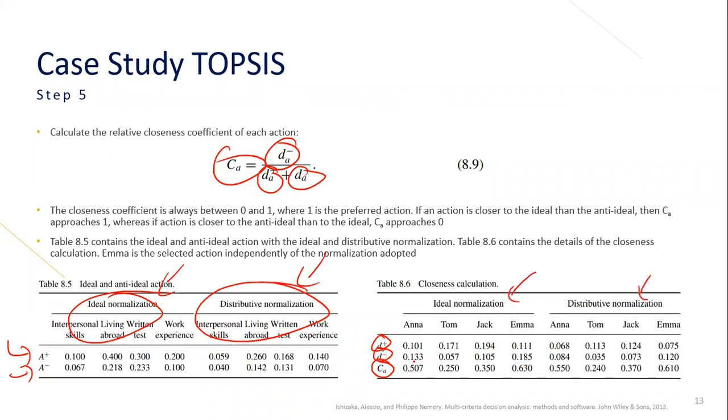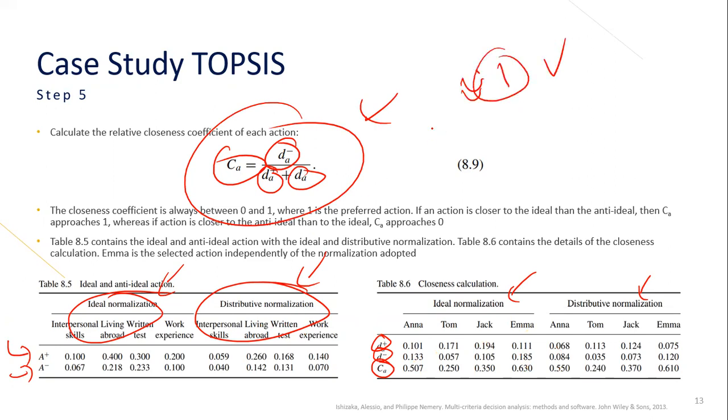As you can see here, for the closeness index, the closer to 1, the better. It ranges from 0 to 1. The closer to 1, the better the closeness index is.